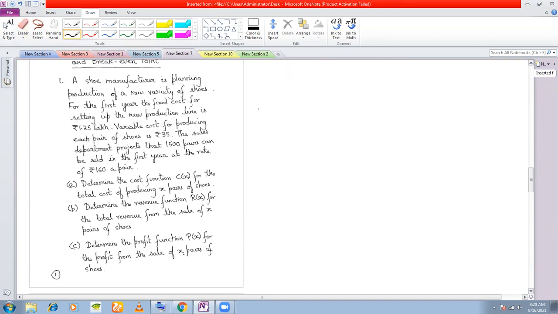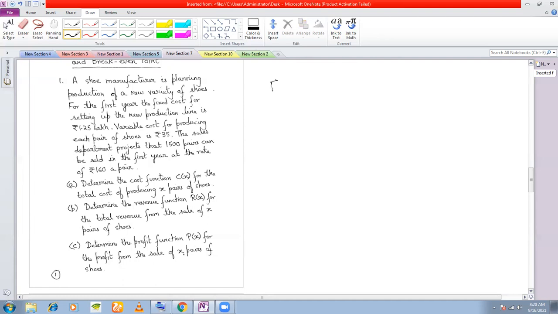First is, a shoe manufacturer is planning production of a new variety of shoes. For the first year, the fixed cost for setting up the new production line is rupees 1.25 lakh. Variable cost for producing each pair of shoes is rupees 35. So fixed cost is 1 lakh 25,000, 1.25 lakh.